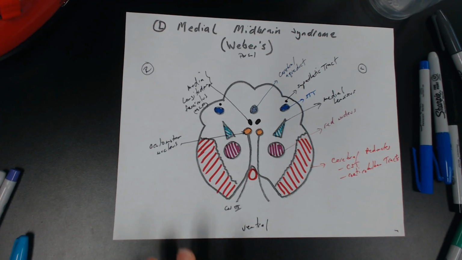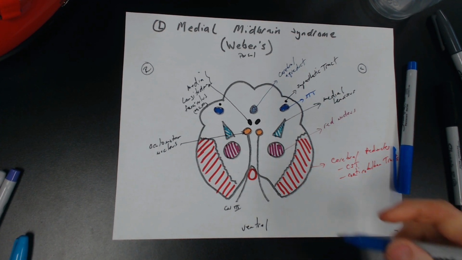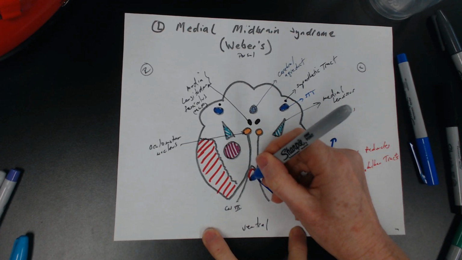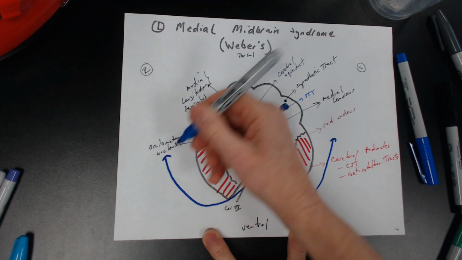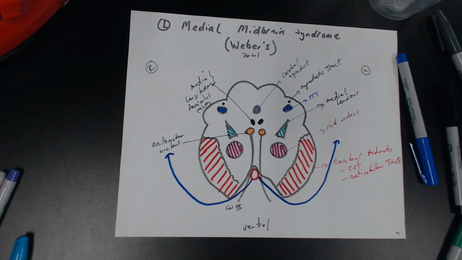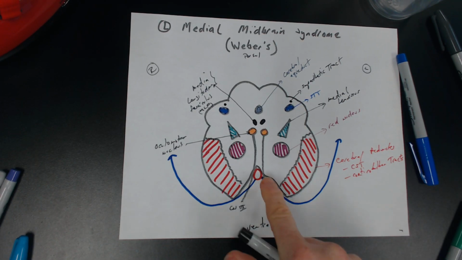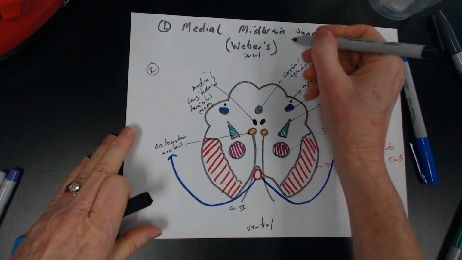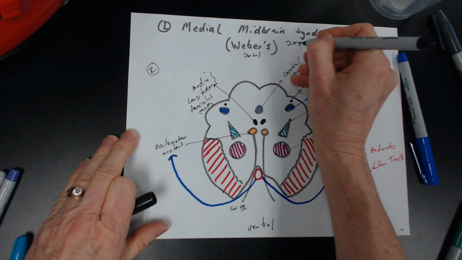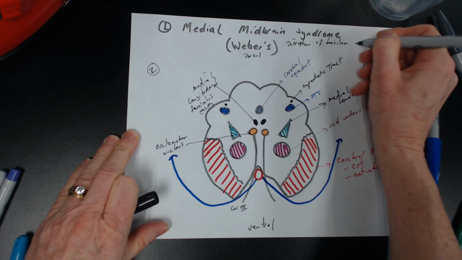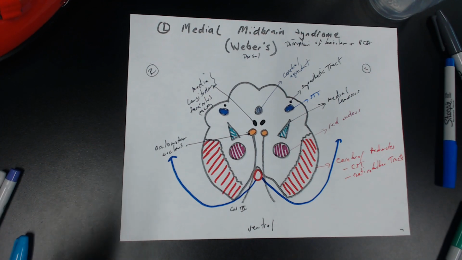And then coming off your basilar artery, and flipping all the way back, it's going to be your PCA, posterior cerebral artery. And Weber syndrome is going to be a disruption of basilar and the PCA, posterior cerebral artery.